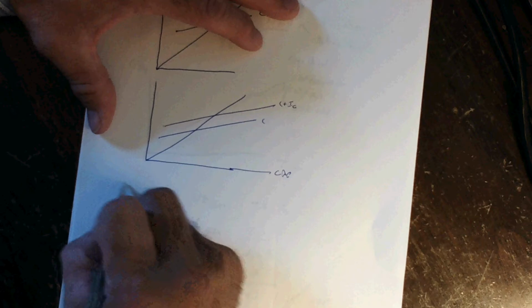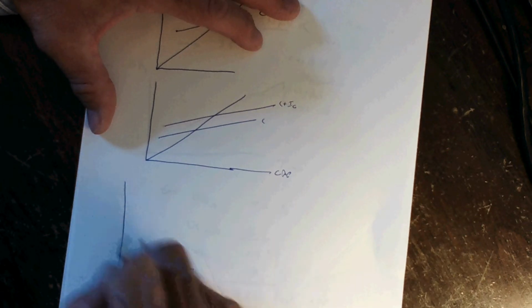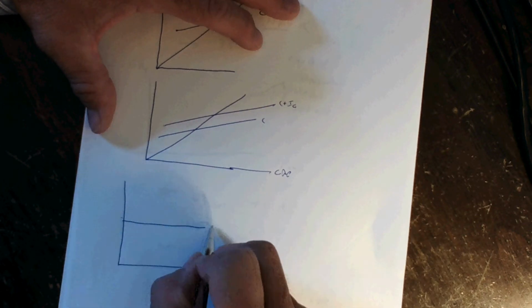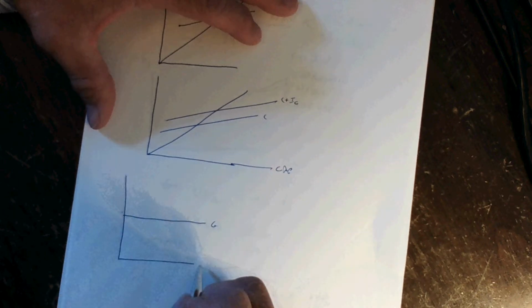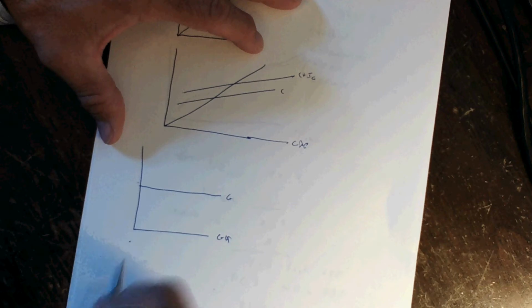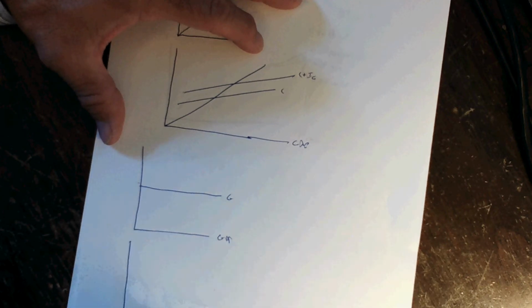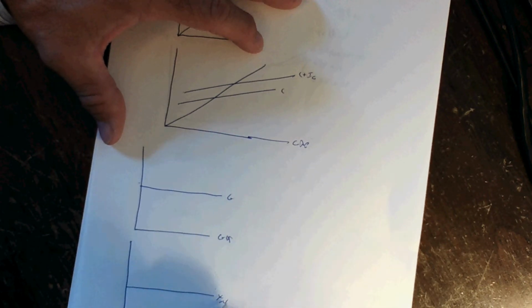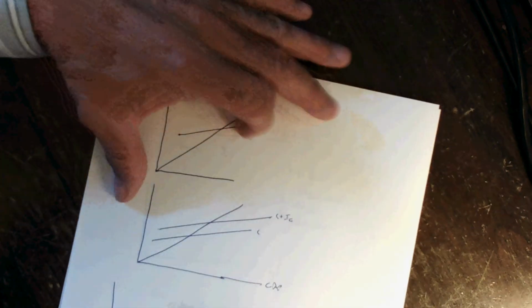Now we're going to develop government spending, and we're going to assume government spending is also independent of changes in GDP. We're going to assume XN is also independent of changes in GDP. So now we can add government spending.